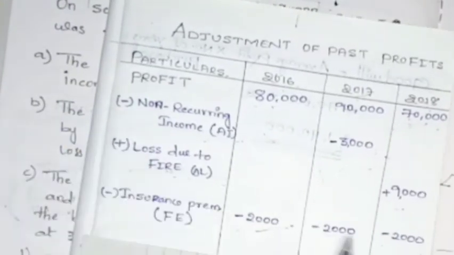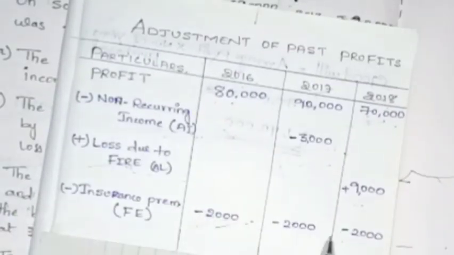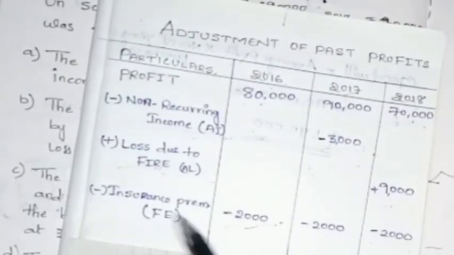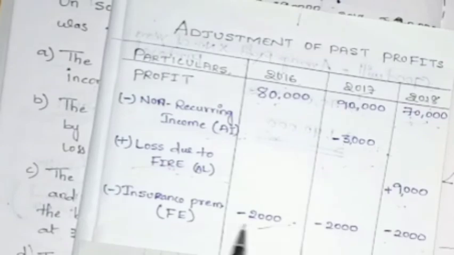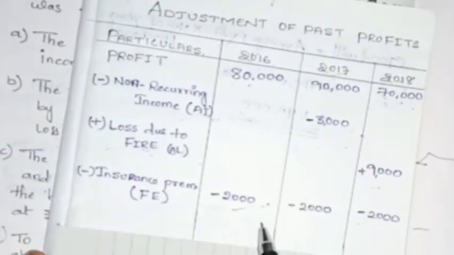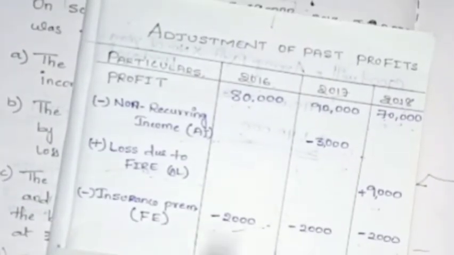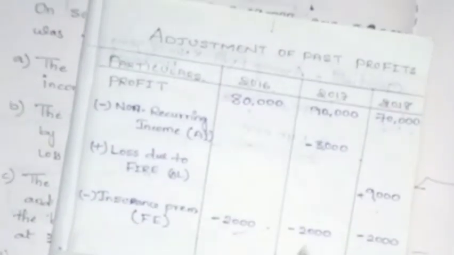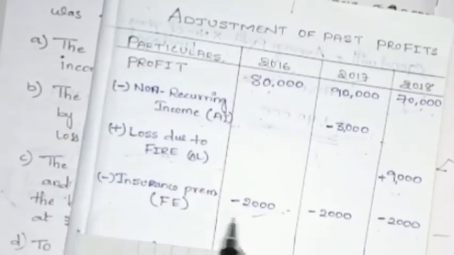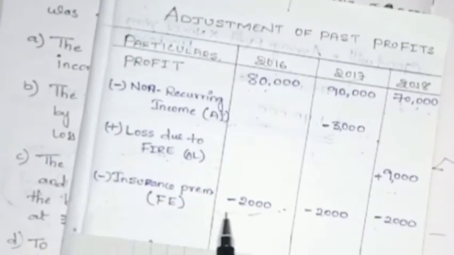Why all the years? Because we are going to pay this insurance premium every year, so we have to make changes in every year. Okay, so that is why we have to subtract this insurance premium every year. So we have to subtract the future expenses from all the years.